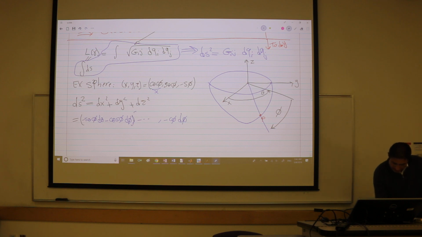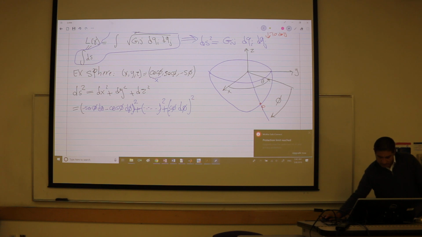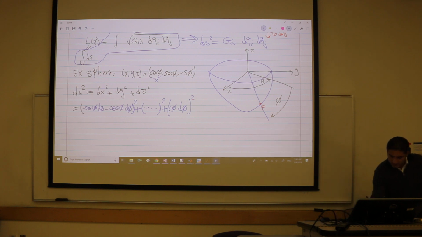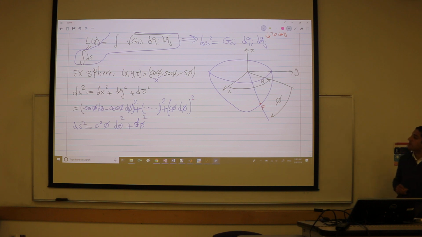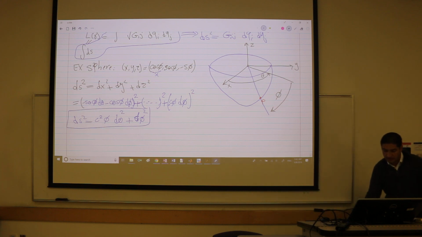So this is dx squared plus dy squared plus dz squared. Any question about that? And you add them together. So you get ds squared, making all the cancellations, something like cosine squared phi d theta squared plus d phi squared, I guess. So this is your element length on the manifold, induced by the ambient space.